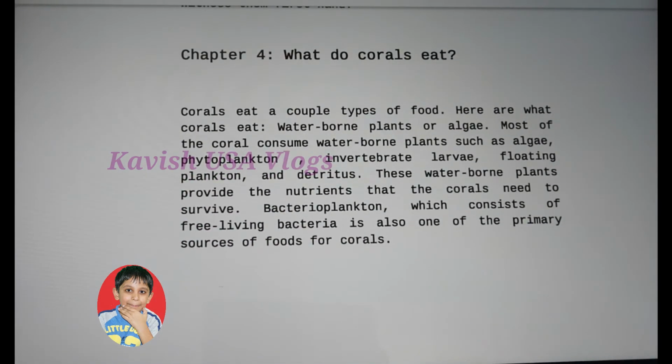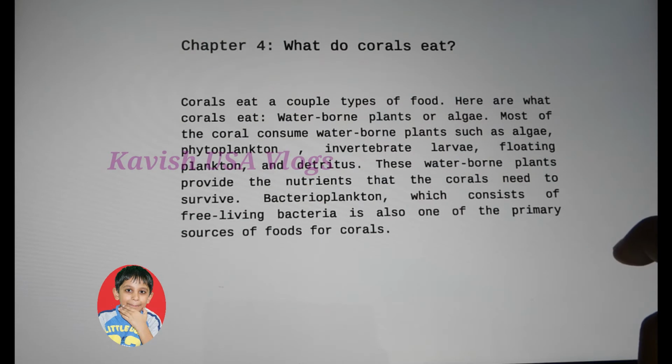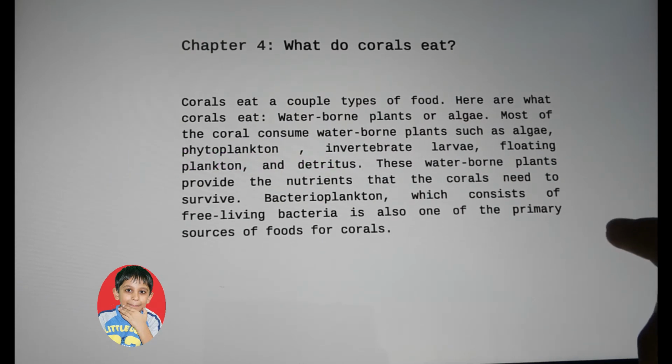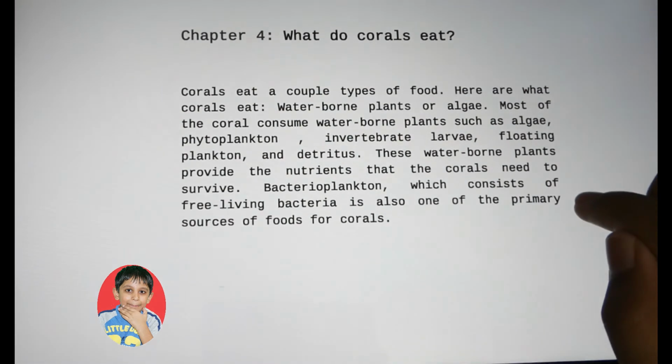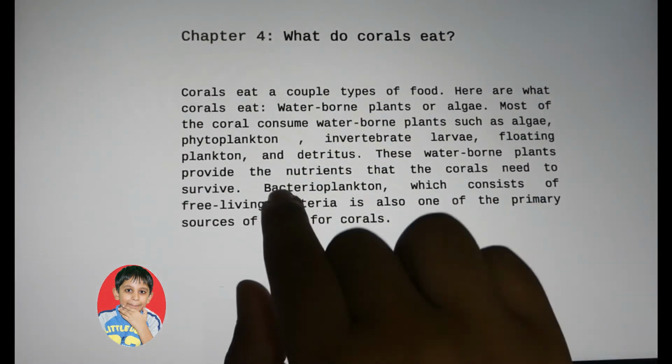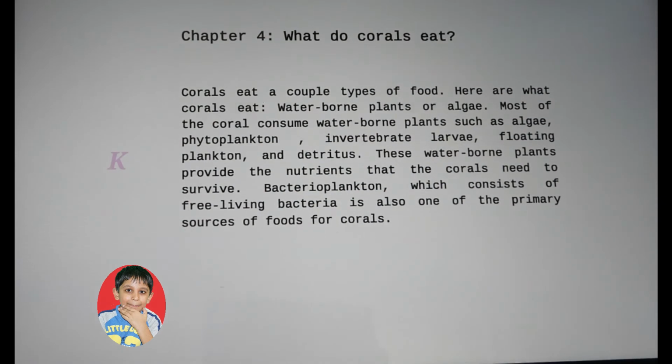Corals eat a couple of types of food. Here are what corals eat. Waterborne plants. I think that's how you spell that. Borne plants or algae. Most of the coral consume waterborne plants such as algae, phytoplankton, invertebrate larvae, floating plankton, and detritus.